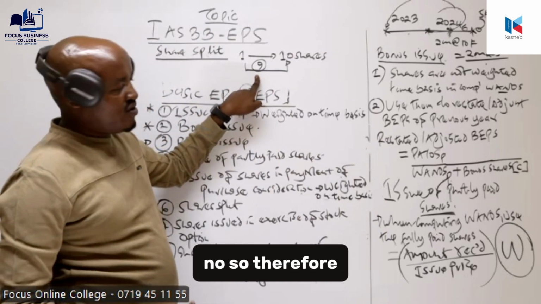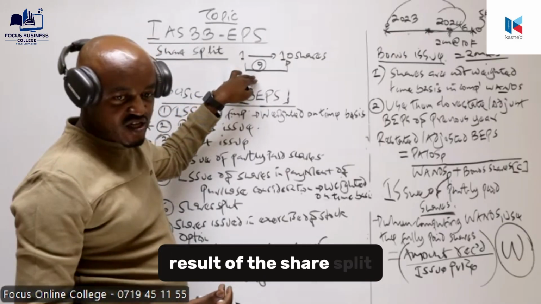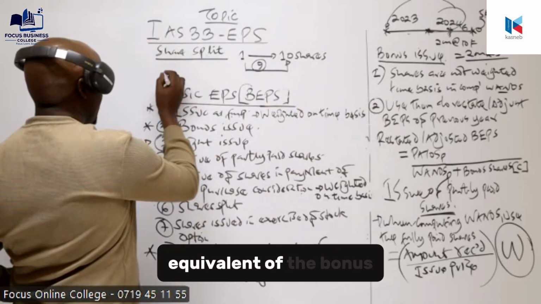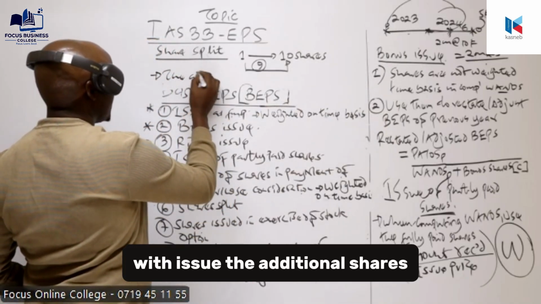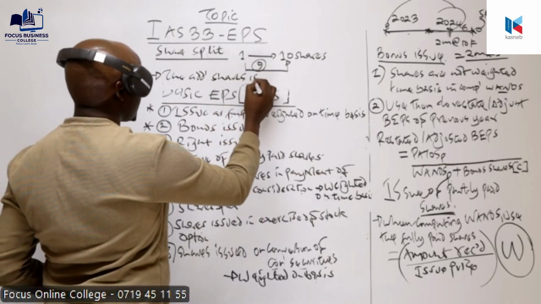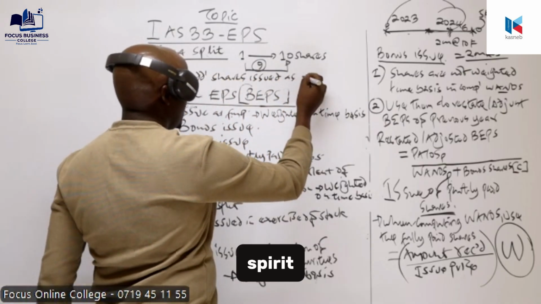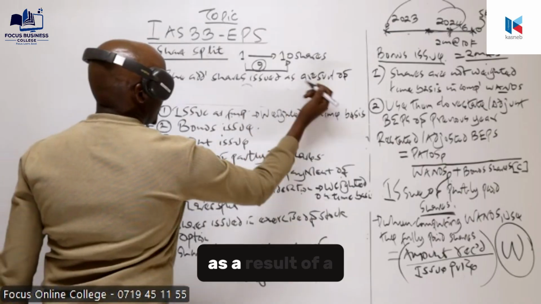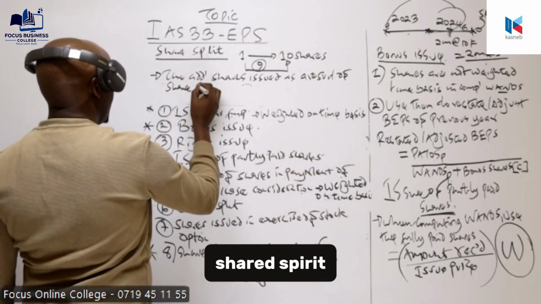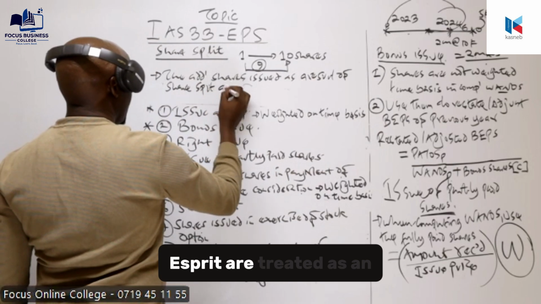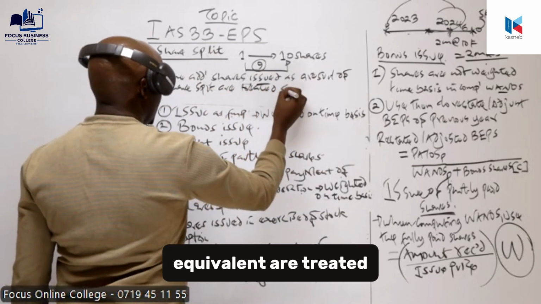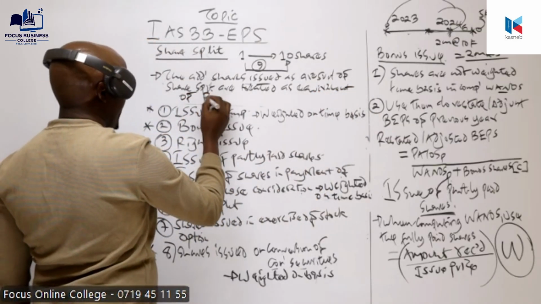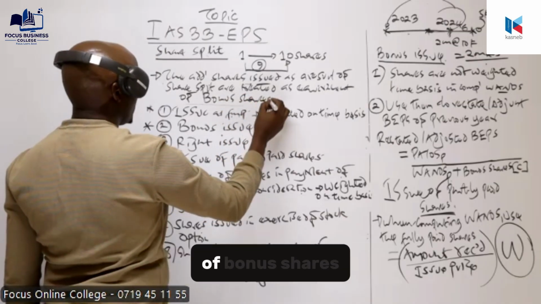Automatically no. Therefore, the additional shares which are issued as a result of a share split are treated as an equivalent of bonus shares.